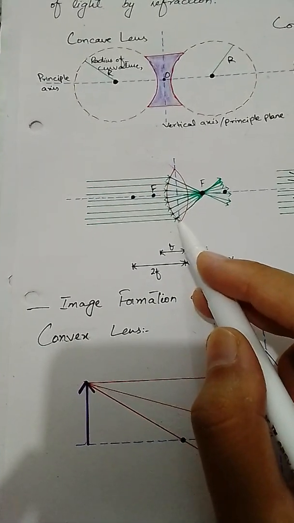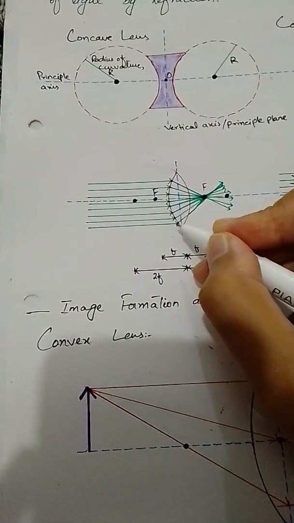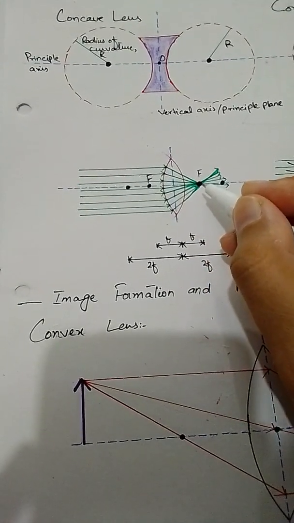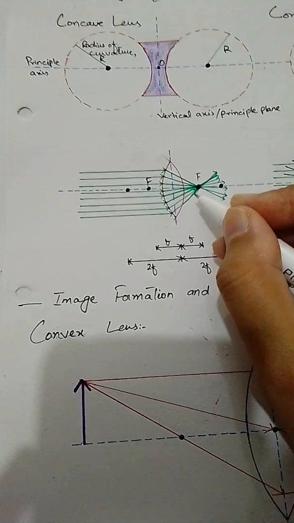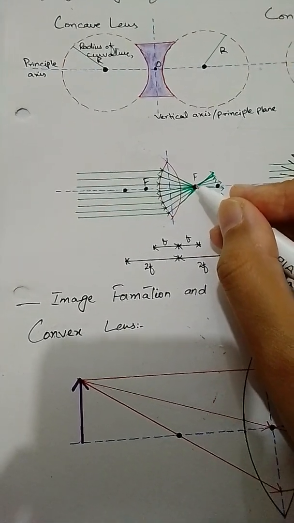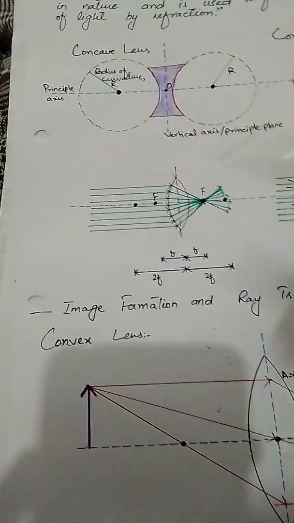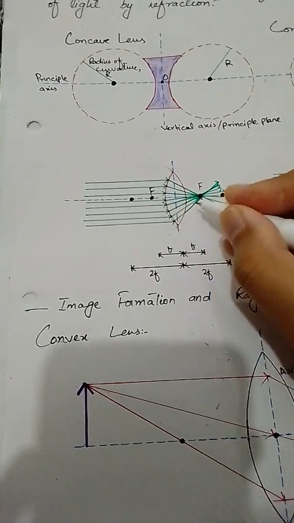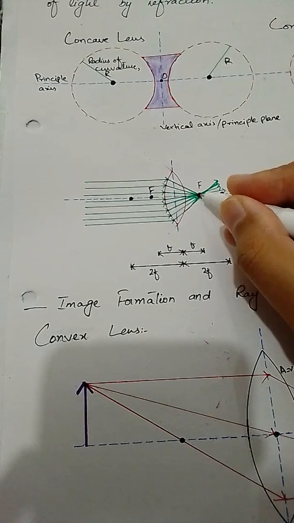Now in this case, a ray of light comes perpendicular to the surface of this lens, strikes this lens, and gets converged, or gets focused to a point behind the lens. We know that for a convex lens, the images are made behind the lens.